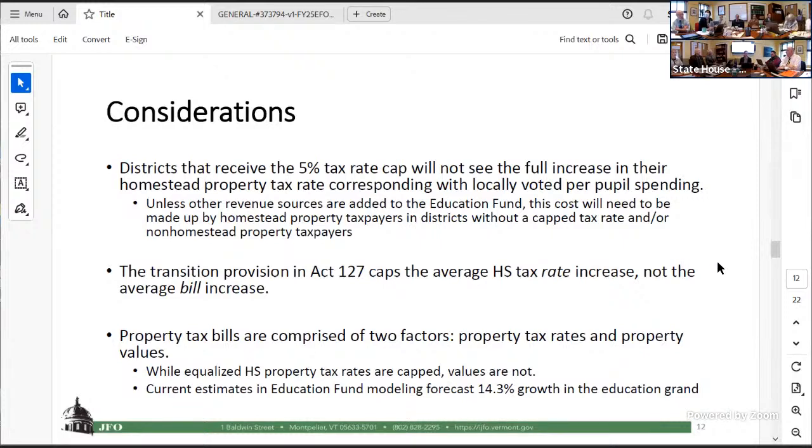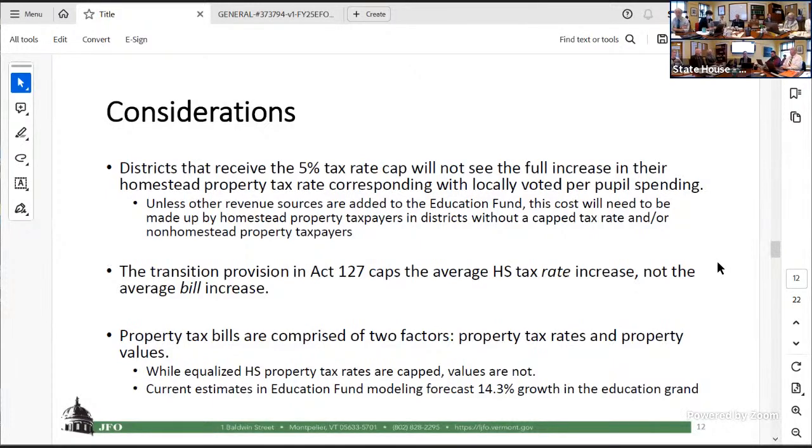We saw the transition provision caps the average homestead rate increase, not the average bill increase. Just keeping in mind that property tax bills are comprised of two factors, the tax rates and the property values. So while the equalized rates are capped, the values are not.